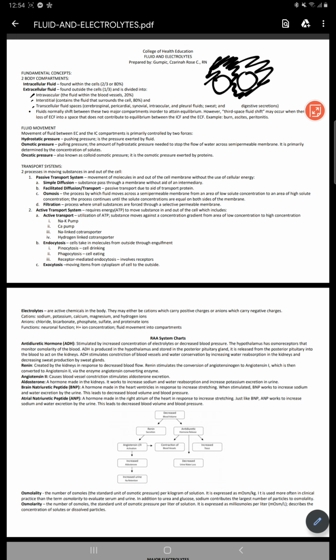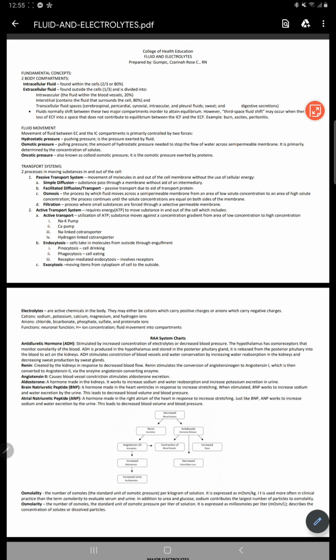So normally, in the movement of your intracellular or your ICF and your ECF, you would normally see them move in order to balance or attain equilibrium in the body, nagkakaroon ng movement of fluids from the ICF to your ECF or vice versa, from ECF to your ICF.